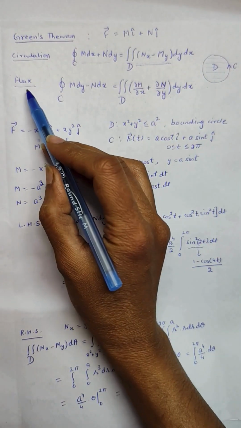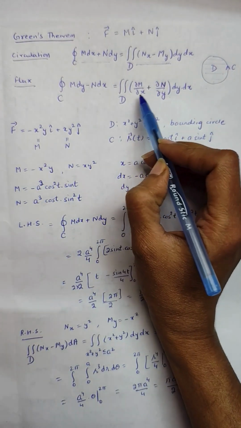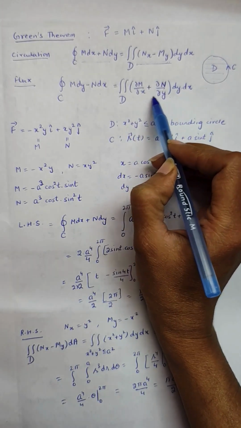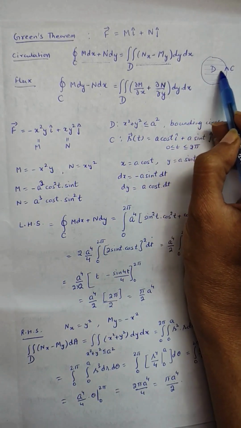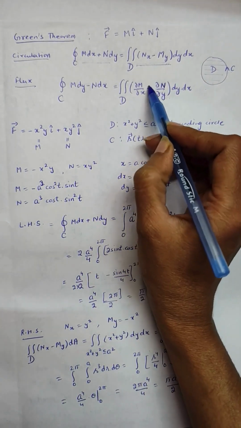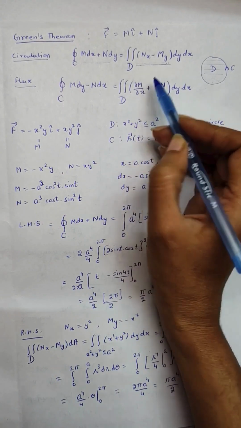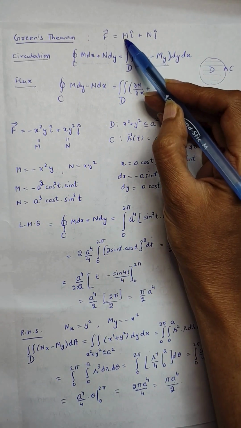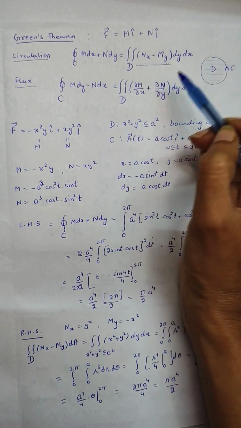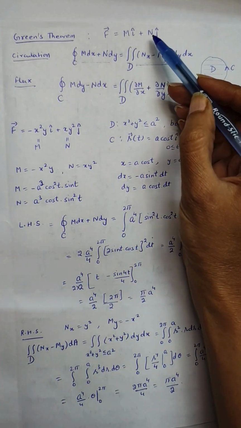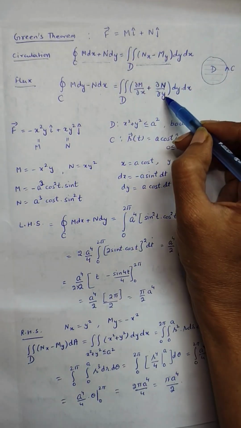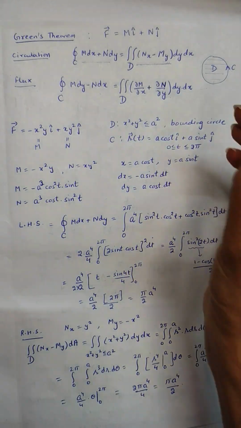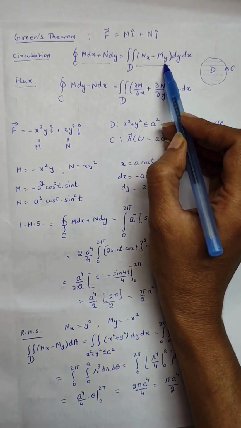Similarly, to find the flux, we can calculate the double integral of this function over this region D. So what is this function? This is the partial derivative of the first component of the vector field F with respect to x plus the partial derivative of the second component with respect to y. So what does this function represent?